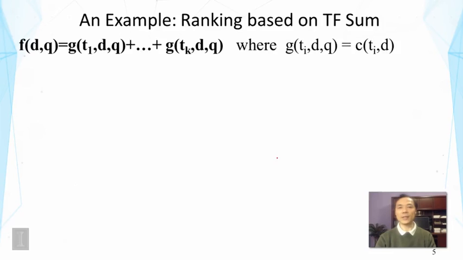In this case, let's assume the scoring function is a very simple one. It just takes the sum of TF, the raw TF, the count of a term in the document. Now, this simplification would help showing the algorithm clearly. It's very easy to extend the computation to include other weights like transformation of TF or document length normalization or IDF weighting.